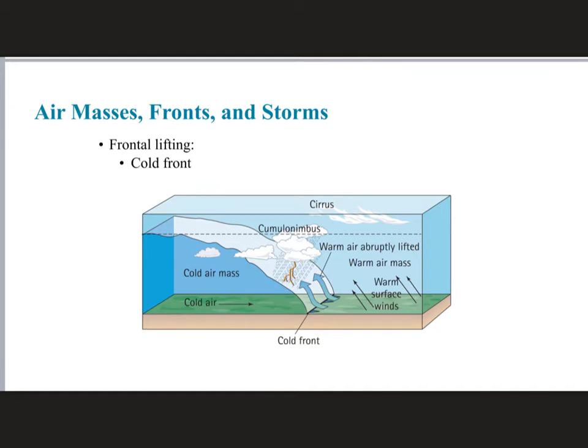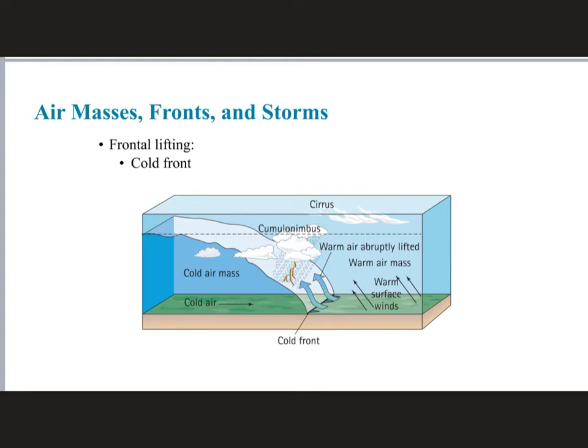Have you ever wondered what they mean when they talk about a warm front or a cold front? Well, a front is simply the contact zone between two different air masses. You've got two different air masses and they're coming together and they're interacting with one another. And that region where they're interacting with each other, that's what we call a front. So let's look at how this can lead to lifting.